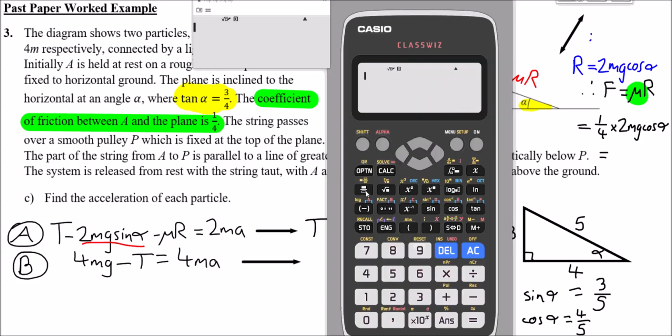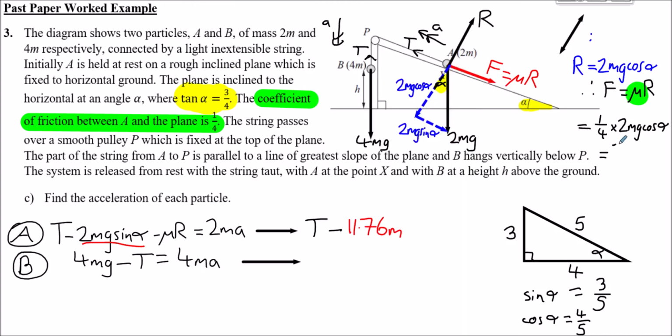So 1/4 times 2 times m. I don't do that because I don't know what m is, but I do know that g is 9.8, and I do also know that cos alpha is 4/5. So that's 3.92m. So the maximum friction is 3.92m.